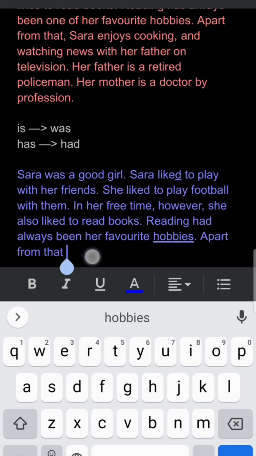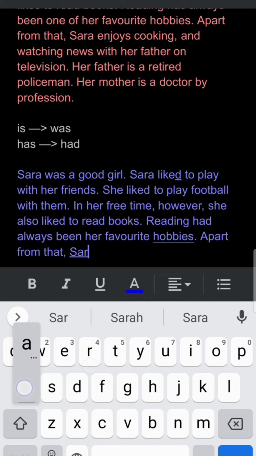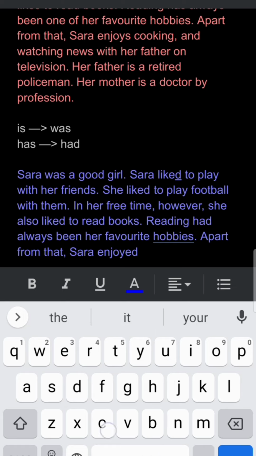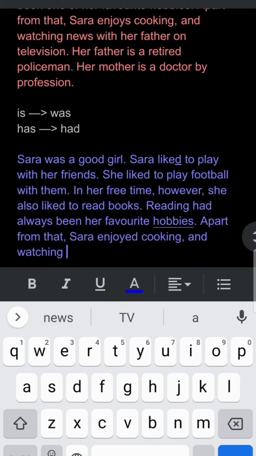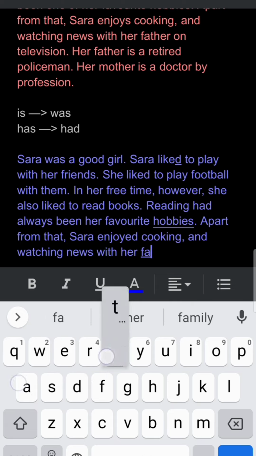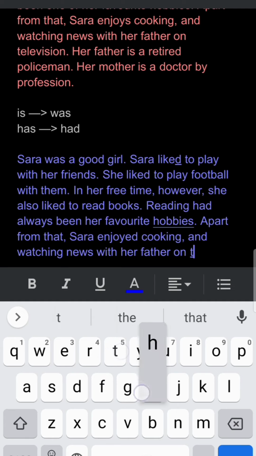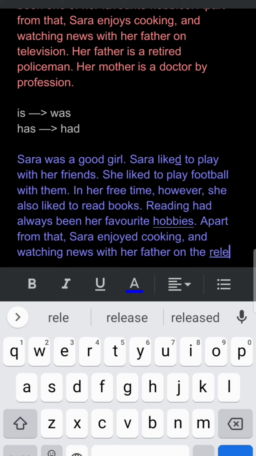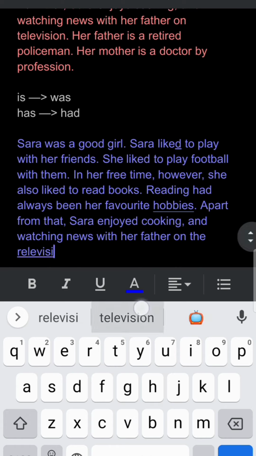Apart from that, which means इसके अलावा, Sarah enjoyed cooking and watching news with her father on the television.